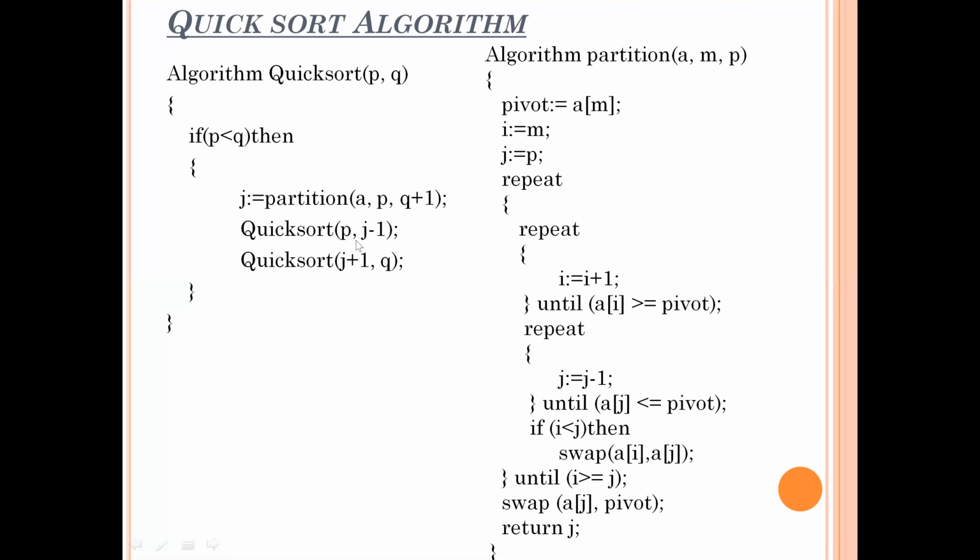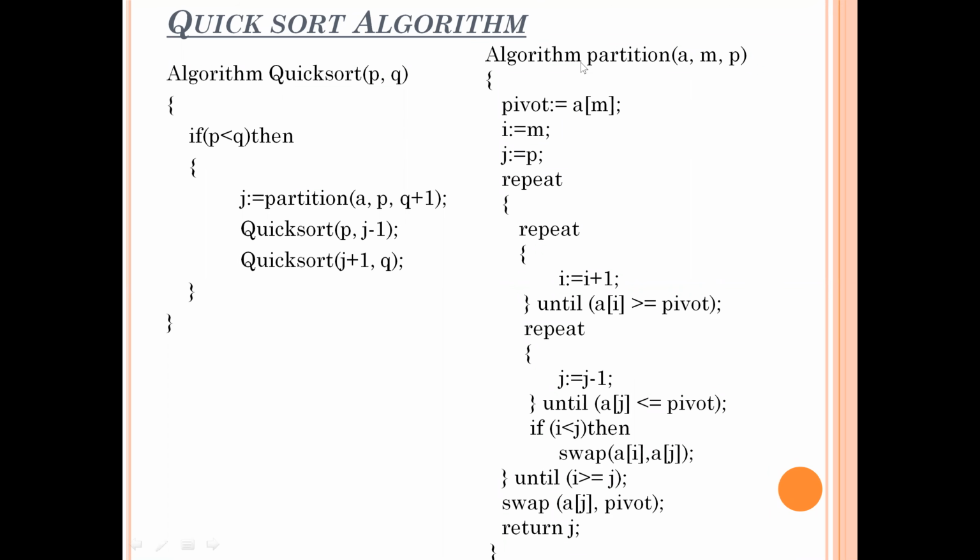So for the left sublist, your quick sort algorithm is called again, and for the right sublist also, quick sort is called again. So the process continues recursively until you get the solutions for all the subproblems. That is, the division will be done until it becomes small, one element. A list of one element is already sorted. So until then, this process continues.